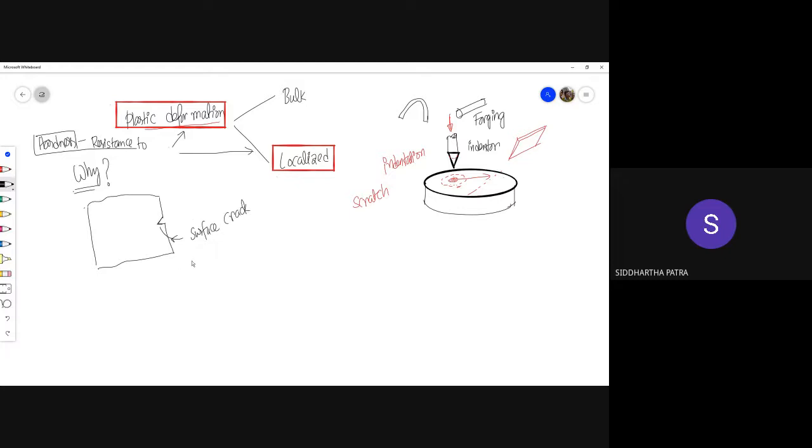And if you're working with a ductile material, it can respond to that crack in a given way, and a brittle material would respond to the presence of a crack in a different way altogether. Now, let's say I load this component in the presence of this surface crack, what happens?